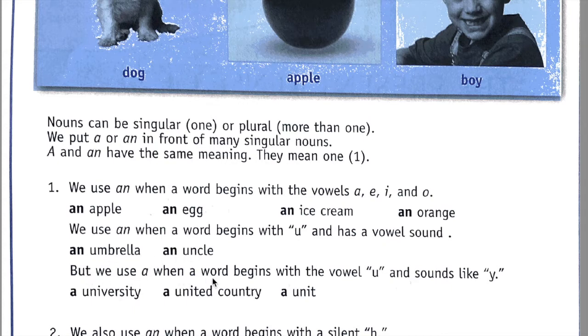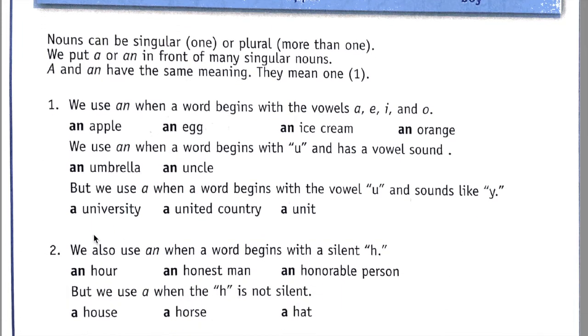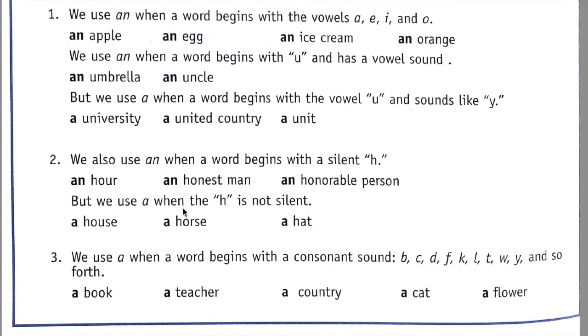But we use a when a word begins with the vowel U and sounds like a Y, like a university, a united country, a unit. We also use an when a word begins with a silent H, like an hour, an honest man, an honorable person. But we use a when the H is not silent, such as a house, a horse, a hat.